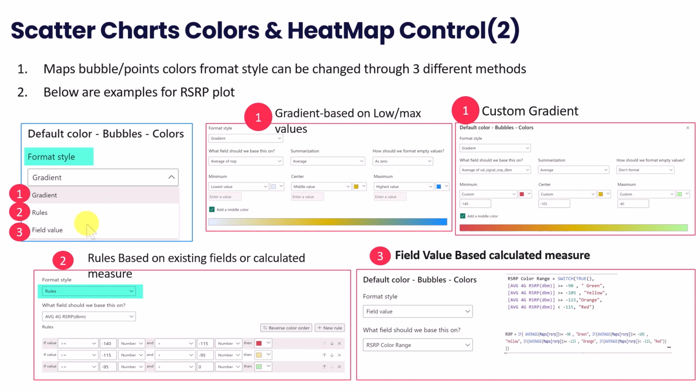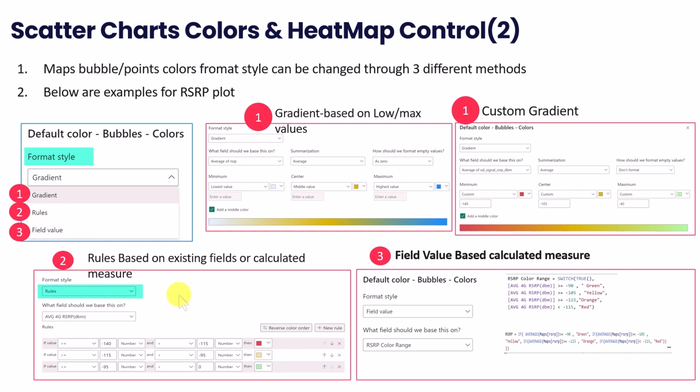So you have three types to control our colors, something called the gradient, or by rule, or by field value. This is a gradient. It can be based on a value you are giving, minimum, maximum, and center value, or you can keep it to the system to calculate it based on your existing values. So you need just to change this format style to gradient. You'll find it like this one. And this is the difference if you want to give values.